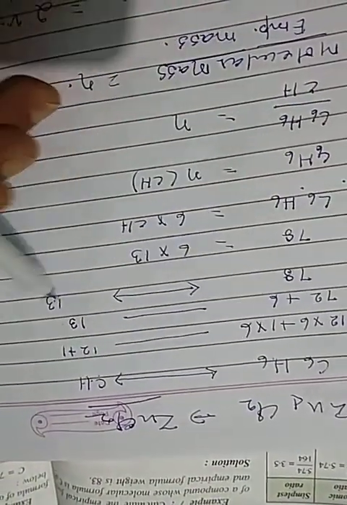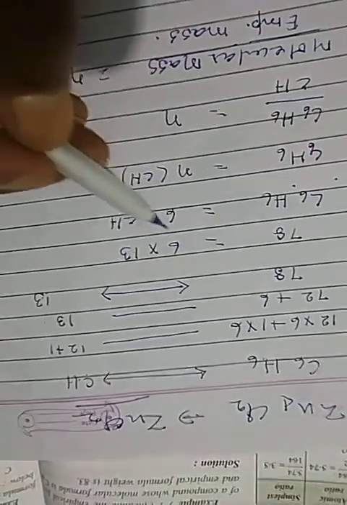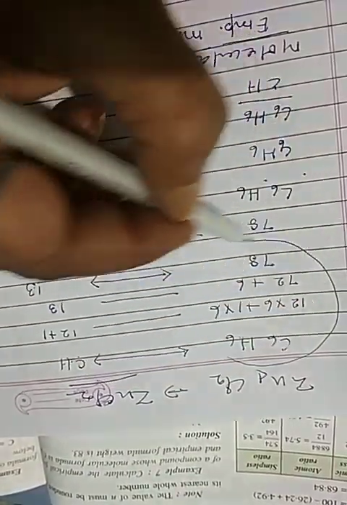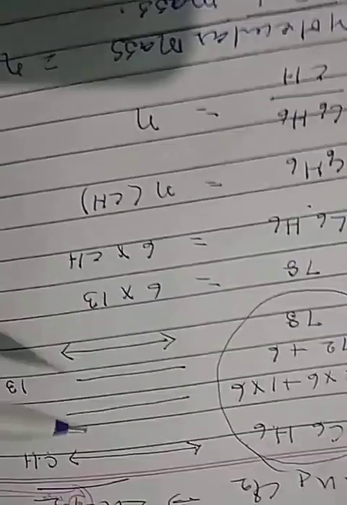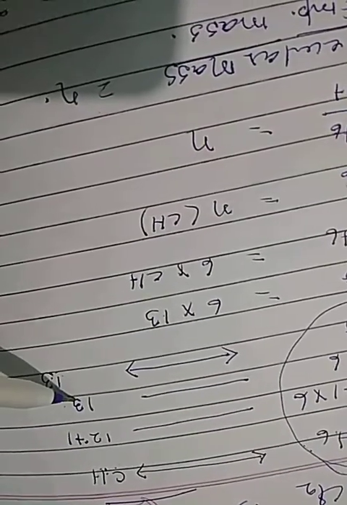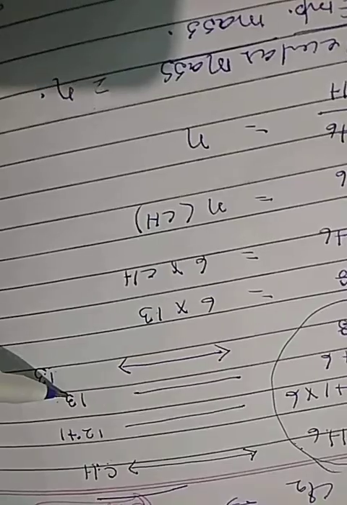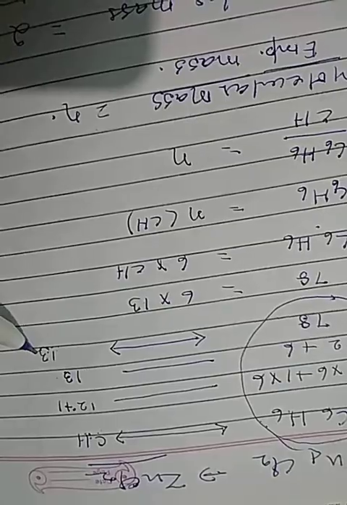But if it is unknown, then what will we do? Now here we know this, but we are not knowing that. If we are given only the molecular mass, then how will we find the molecular formula? Then calculate the empirical mass. Empirical mass is always less than molecular mass.